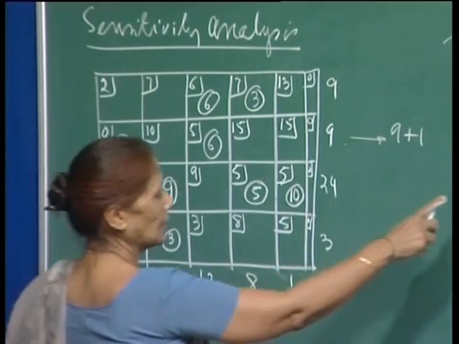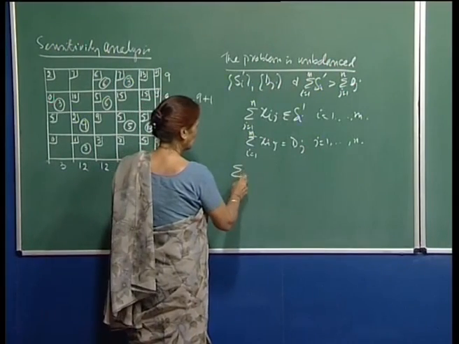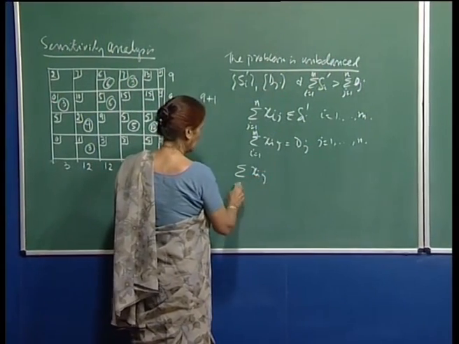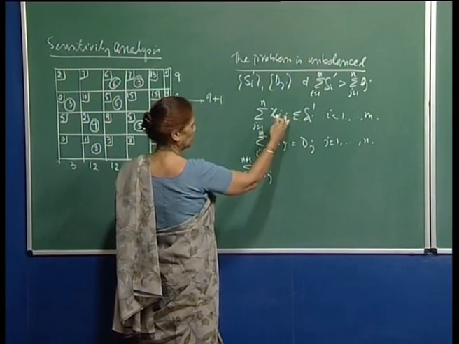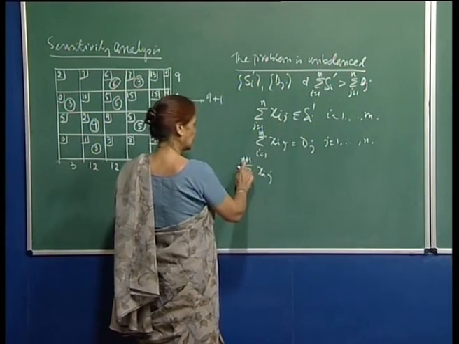So, you are adding it, and therefore, now your constraints become summation x i j, j varying from 1 to n plus 1. I am not writing x i s and so on, so it is n plus 1.